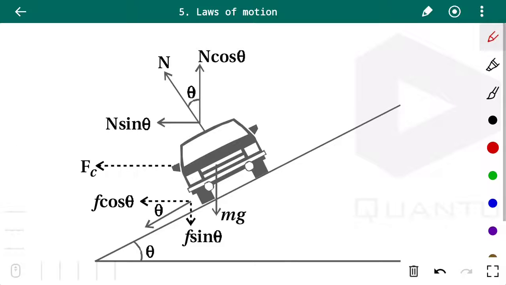You can see that on the surface of this road, a vehicle is there. So the forces that will be acting on the vehicle on the road: it has the weight mg in the downward direction.